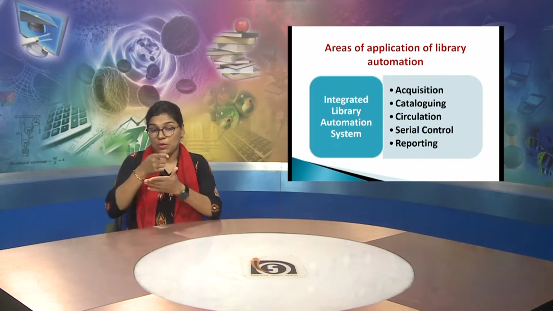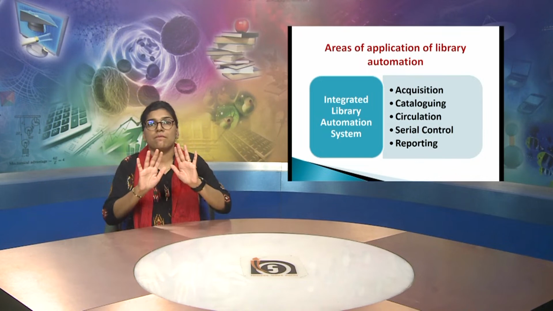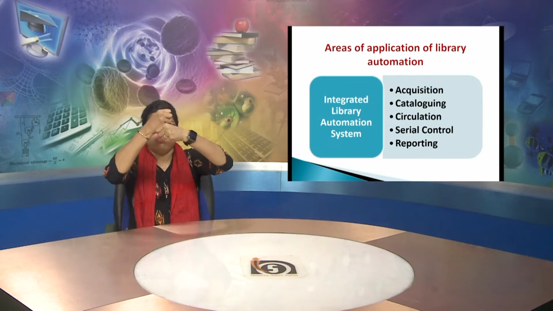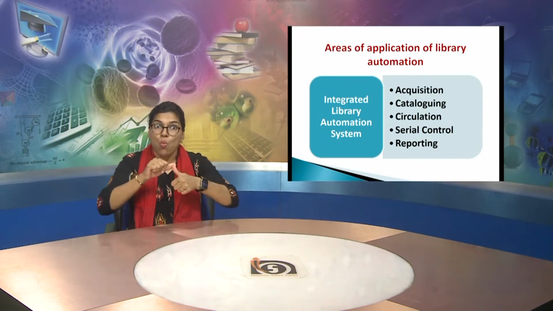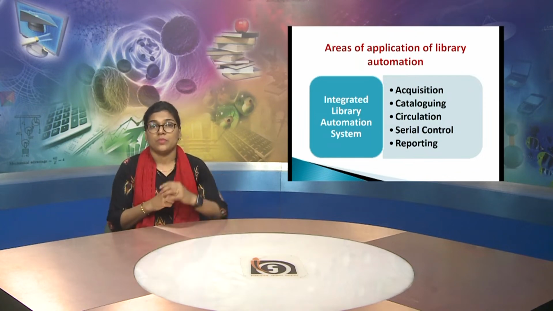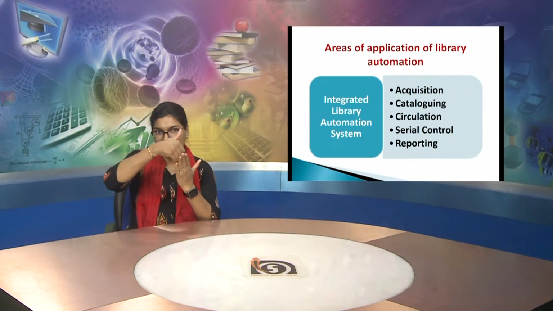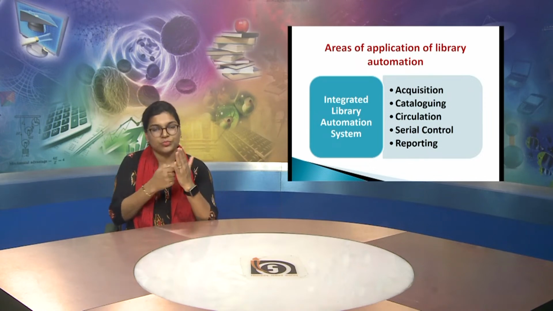Let us now understand the areas of application of library automation. So basically we have 5 areas which come under the integrated library automation system.